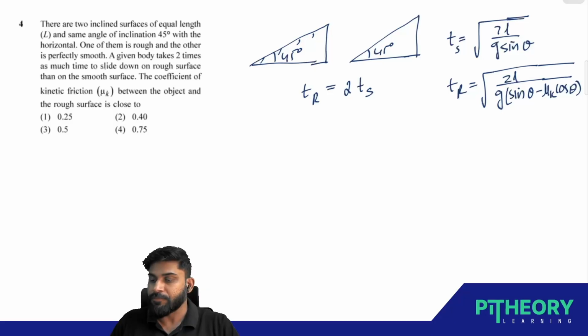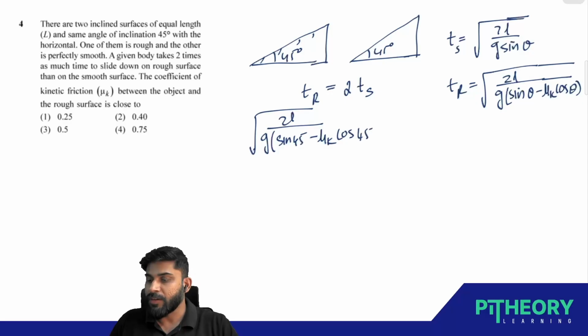So I'm going to substitute the angle into the relation. You'll get root over 2L divided by g into sine 45 minus mu k cos 45, and that is equal to 2 into root over 2L divided by g sine 45.